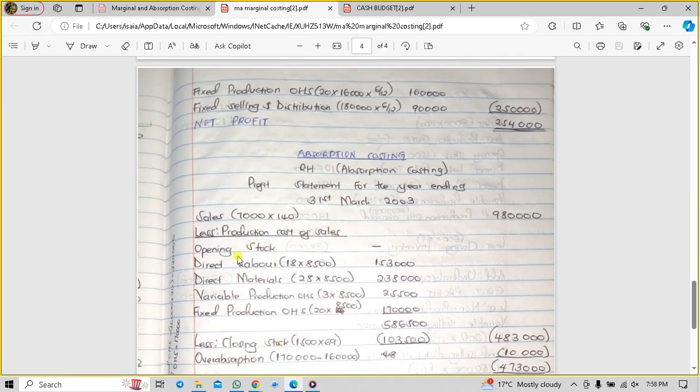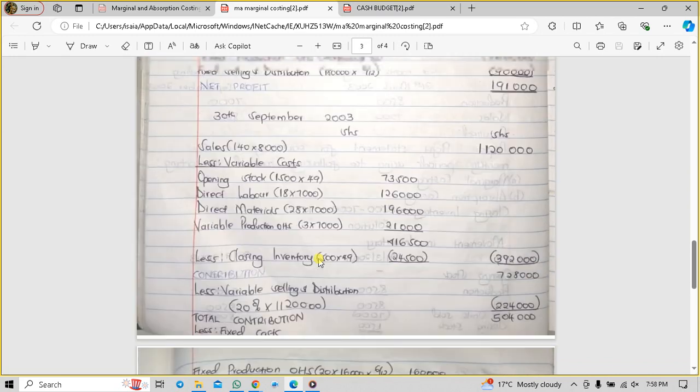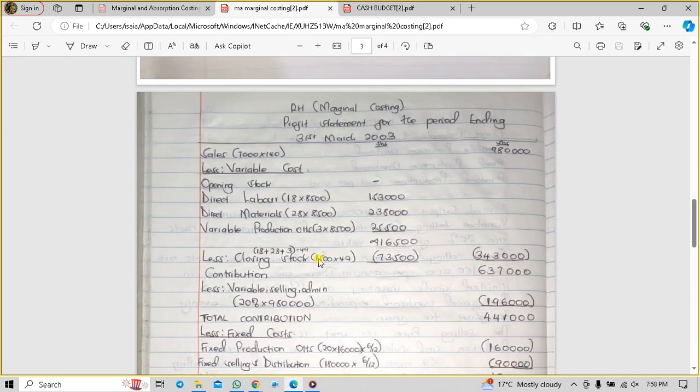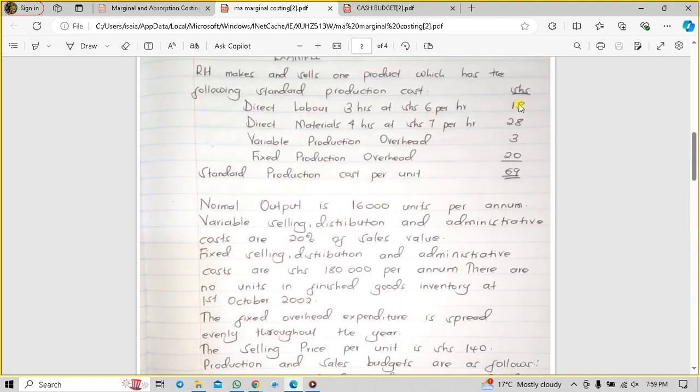So then we proceed. Direct labor 18 times 8,500. 18 is this times the production. So we're going to say 18 times 8,500, 28 times 8,500, 3 times 8,500.